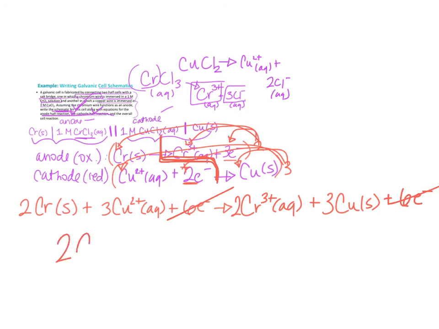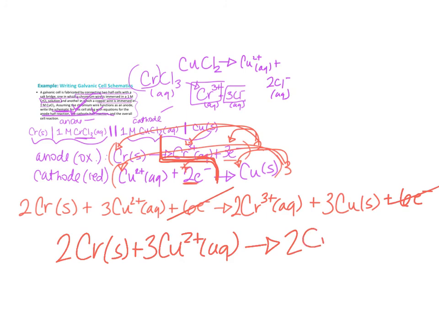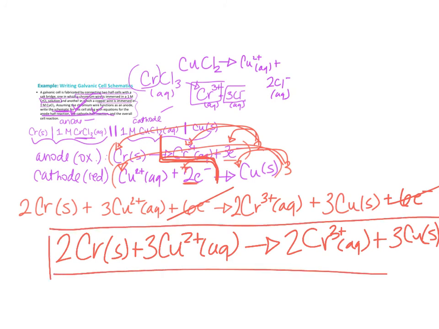So it's going to be 2Cr solid plus 3Cu 2+, gives me 2 chromium 3+, and then 3Cu solid. So this is our overall reaction for this galvanic cell that we have.